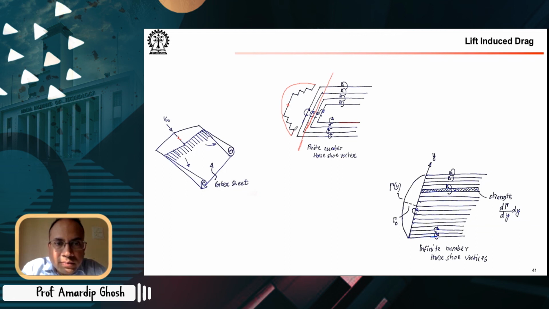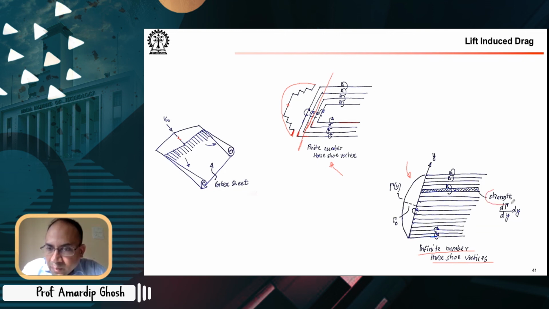Whereas in this region, the circulation along the span is just contributed by this portion of this horseshoe vortex. Okay. For example, this one is not contributing to this one. Instead of a finite number of horseshoe vortices superimposed to generate this distribution of circulation, as we find in real vehicles or real finite wings generating lift, if you increase the number of horseshoe vortices to infinity, then you get a smooth distribution such as this.